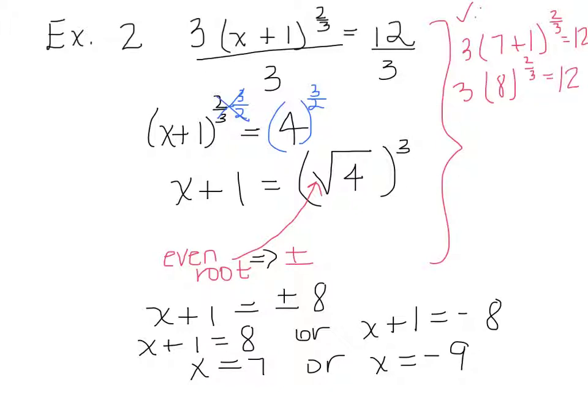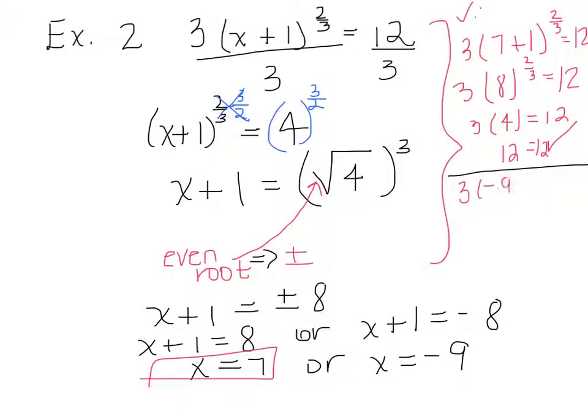That's the cube root of 8, which is 2, squared is 4. 12 equals 12. So 7 works. Then you want to try negative 9. Negative 9 plus 1 will also give you 8. And you're going to end up with the same thing as in the previous one. So -9 works too.